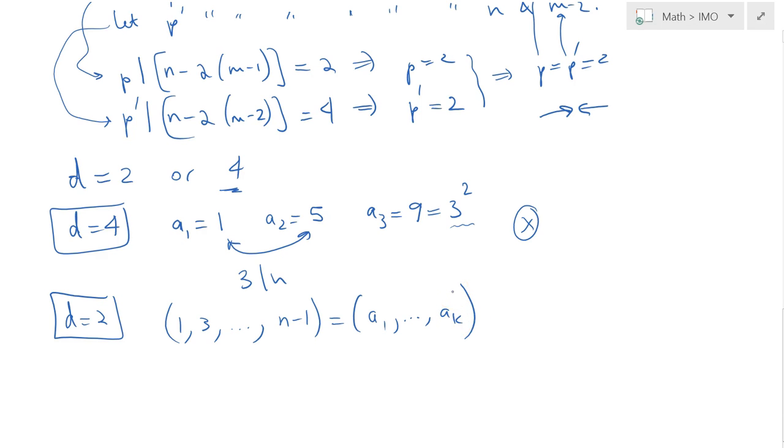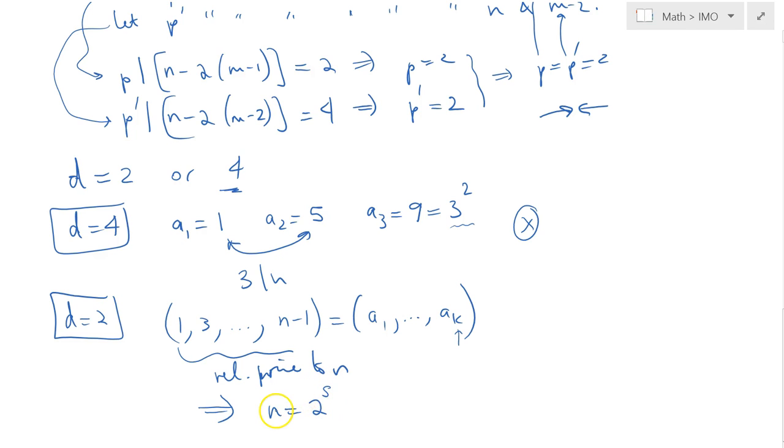So it's possible to figure out what k is, but all these numbers being relatively prime to n, there's only one explanation, and this implies that n is an integer power of 2.